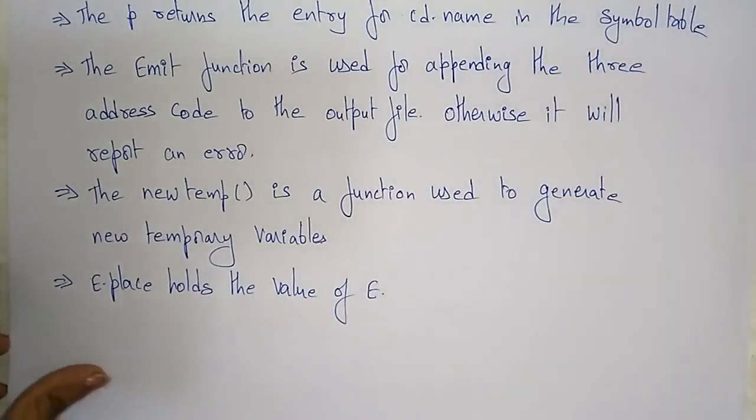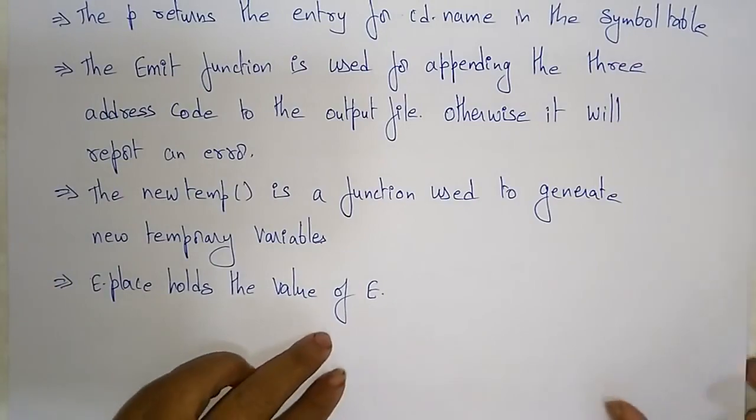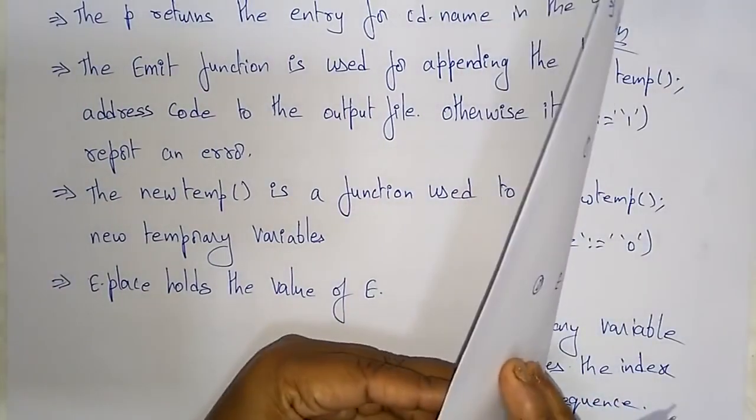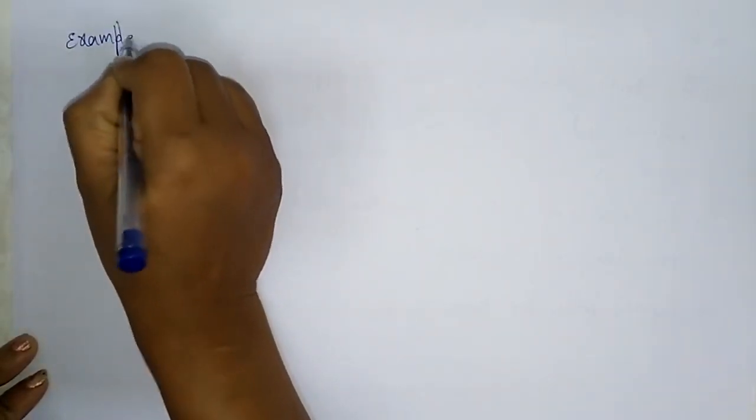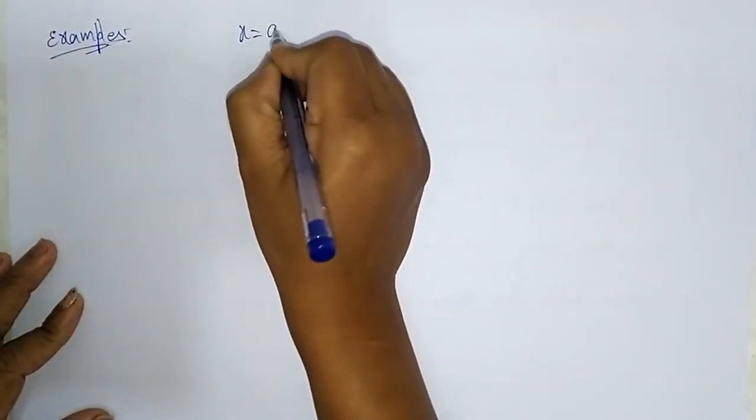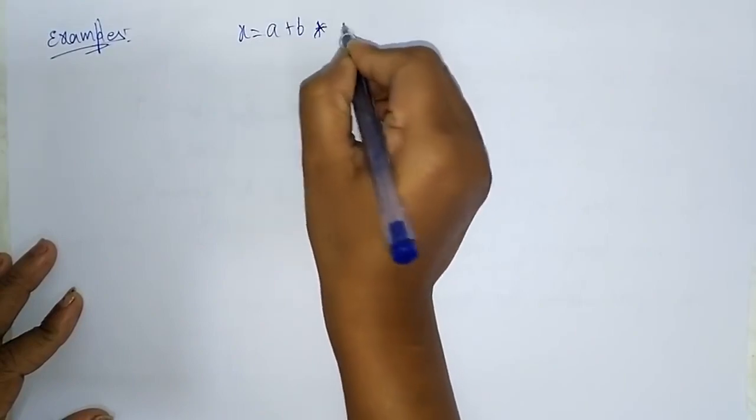So let's take a simple example to explain the translation of an assignment statement. With the help of these productions and the semantic actions, let's take x = a + b * c.